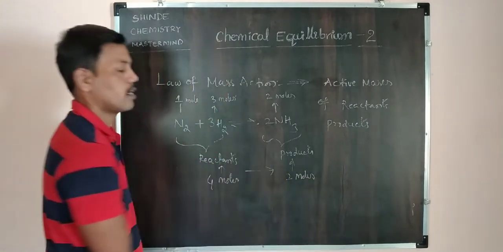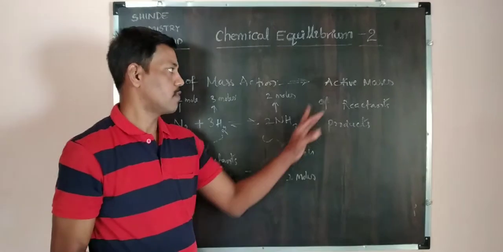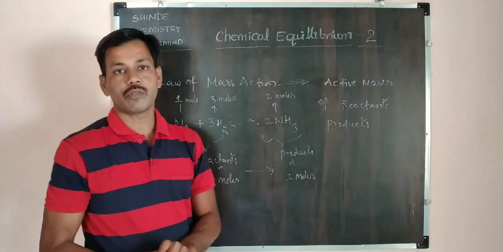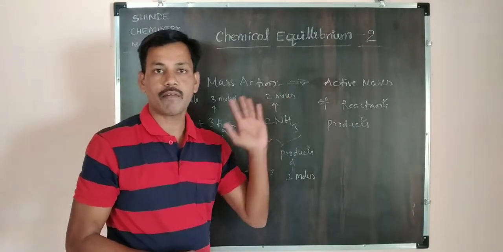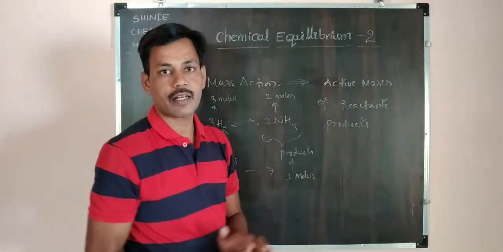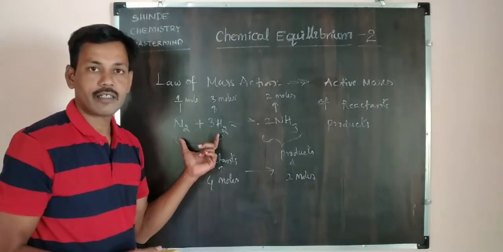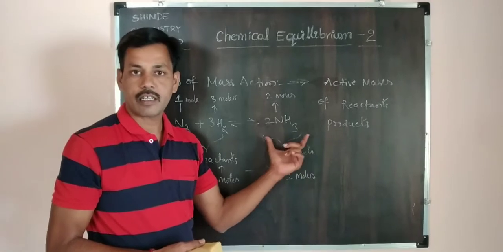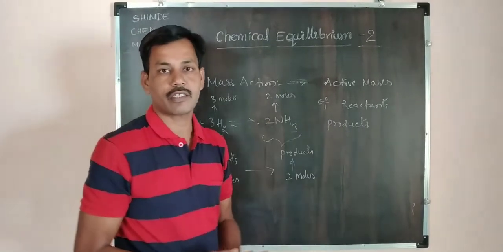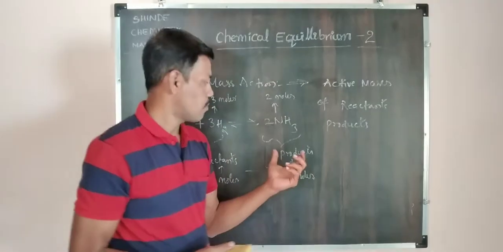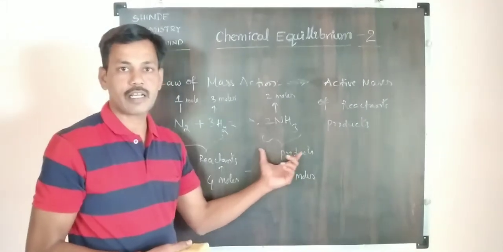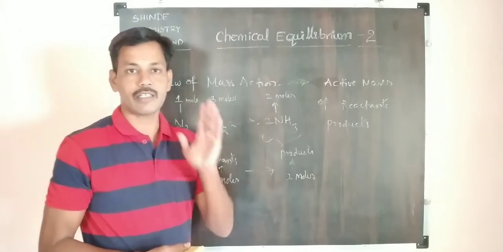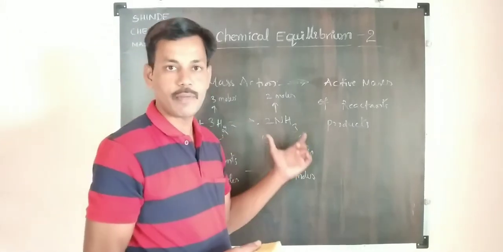In active masses we mean the number of moles. Active mass is nothing but the number of moles. In a chemical reaction, the reactants' concentration decreases and the products' concentration increases. In the backward or reverse reaction, the products' concentration decreases and the reactants' concentration increases simultaneously. At that instant, the state is called equilibrium.